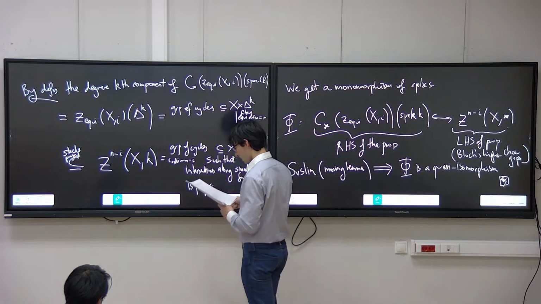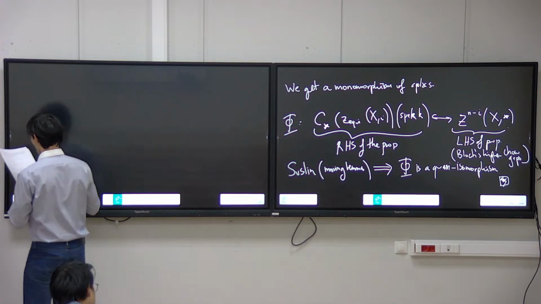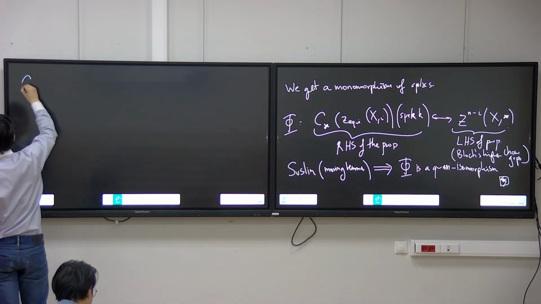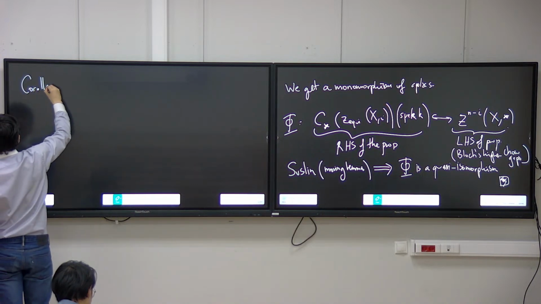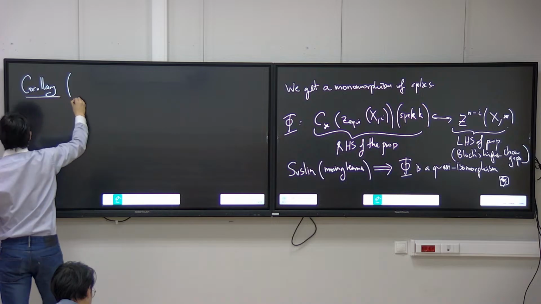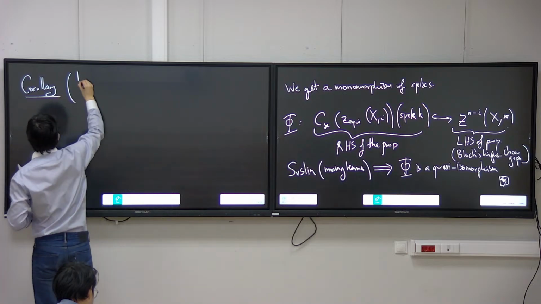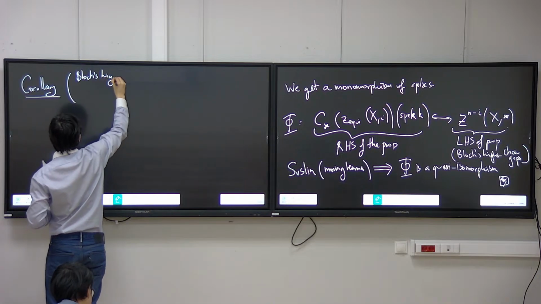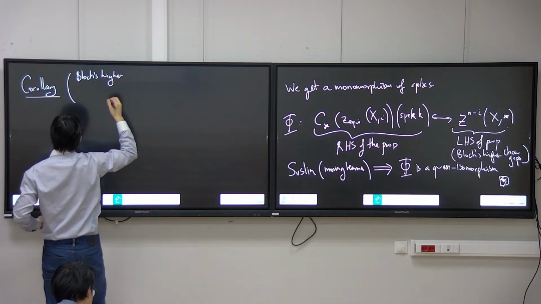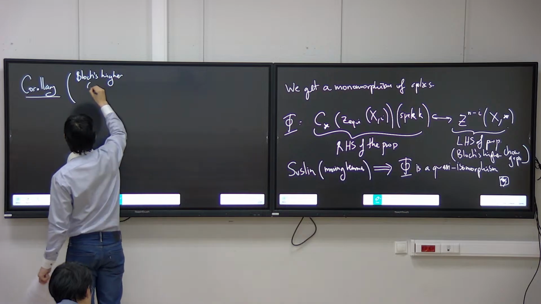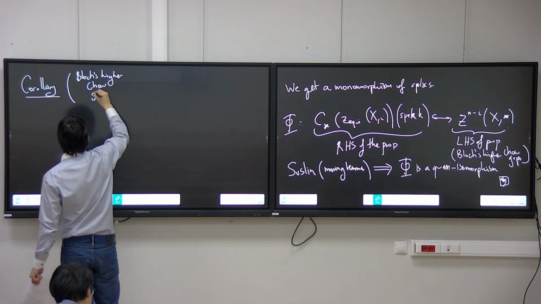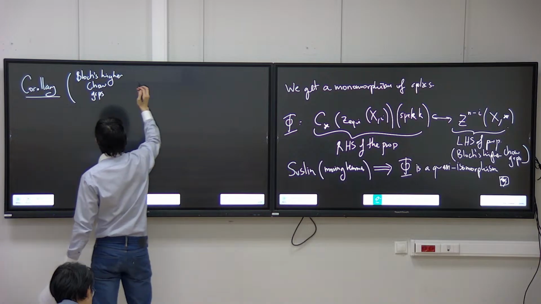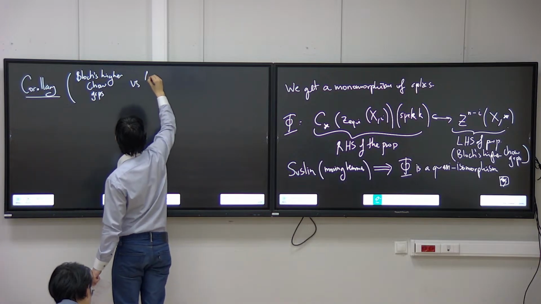But now we have enough to actually prove the fact that I want. So we get a corollary. Let's call this corollary Bloch's higher Chow groups. This is an important corollary, historically, because it equates Bloch's higher Chow groups with motivic cohomology.